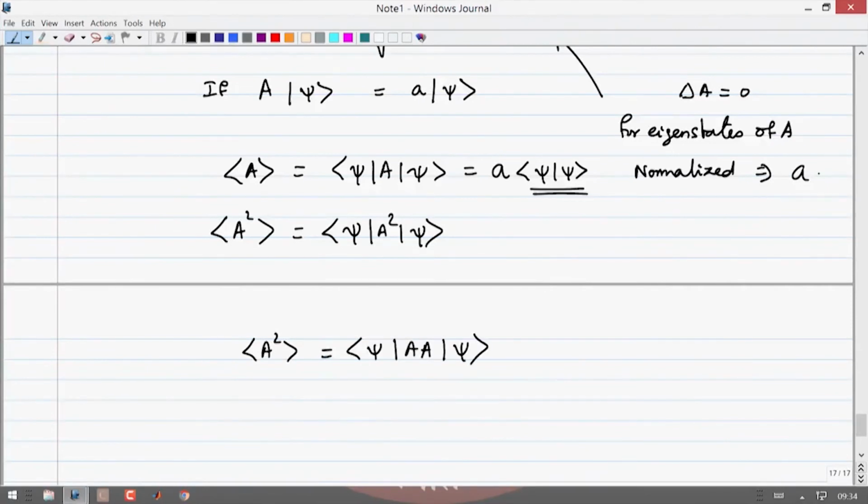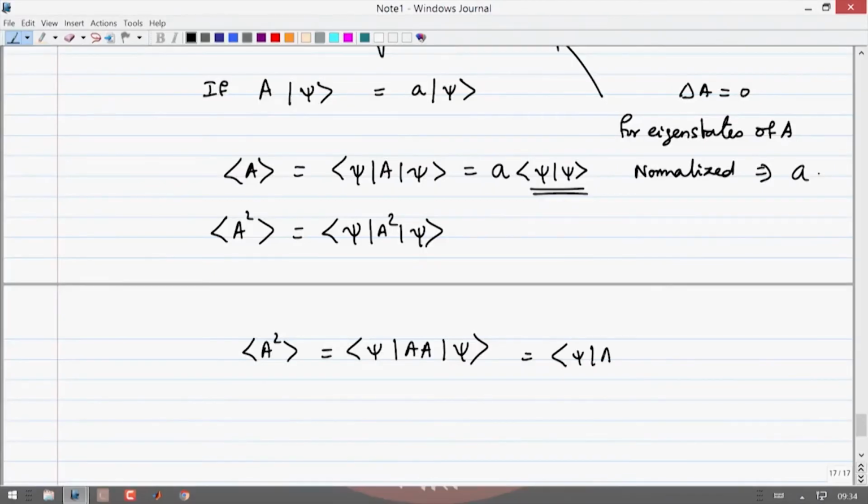You remember minus i h bar d by dx, twice, for the particle in a one-dimensional box was written as minus h bar squared d squared by dx squared, the kinetic energy times 2m, the mass. So if you write this, then this is psi A psi, and that is taken out, and this will give you one more A, therefore it gives you A squared psi psi, and therefore it is equal to A squared.